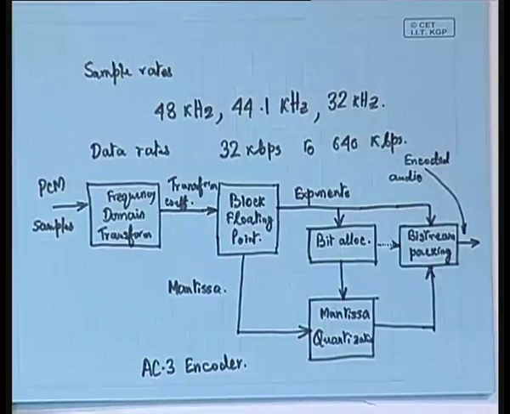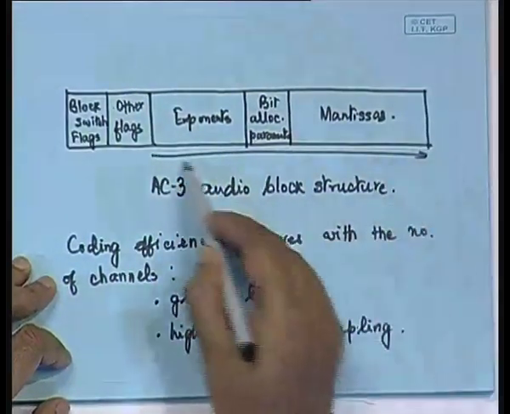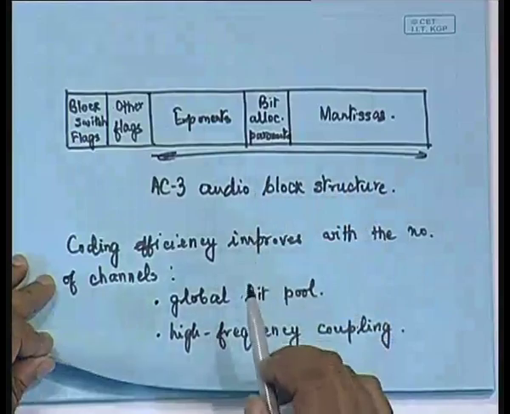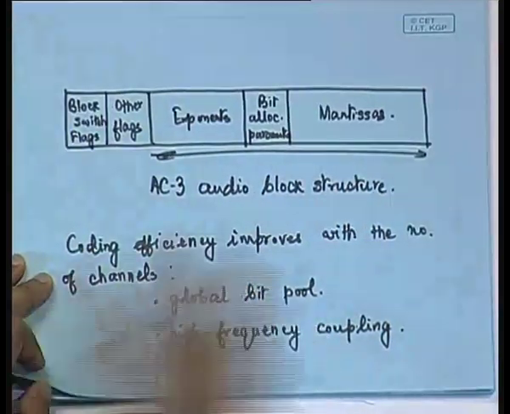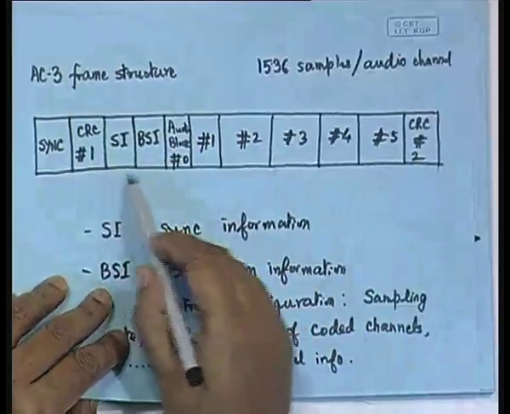All these three are very important, and as you can see in the block structure also, the exponent, mantissa, bit allocation parameters, these are the three pieces of information that go into the encoded form. So, in the decoder we have to decode this information out, and the decoding has to take place first from the block level.